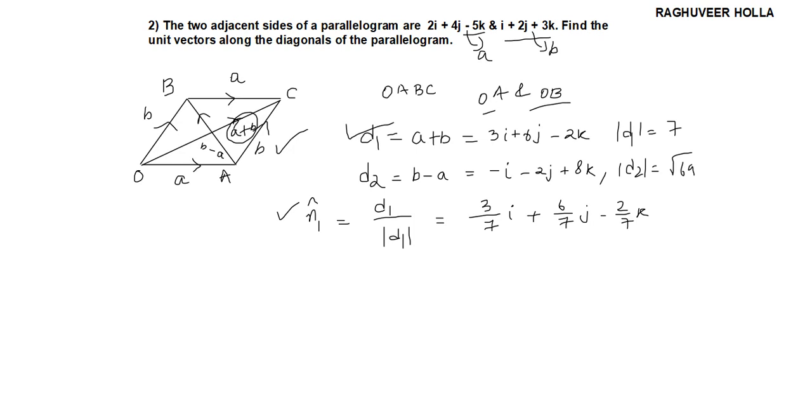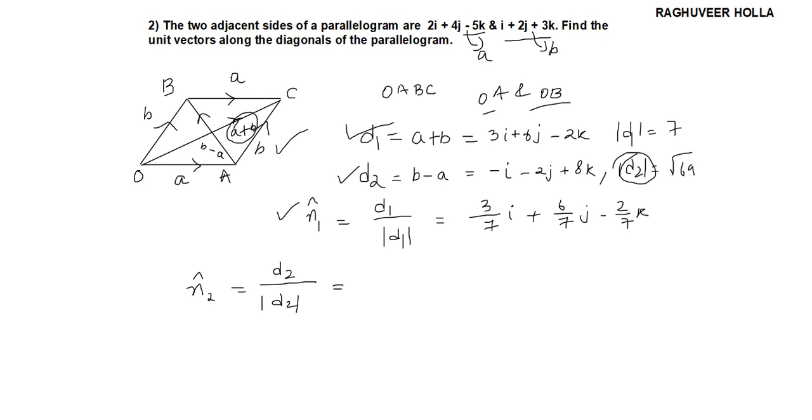Now the unit vector along d2. We have found mod of d2 also, so we get that as d2 divided by mod of d2. So let us find that.